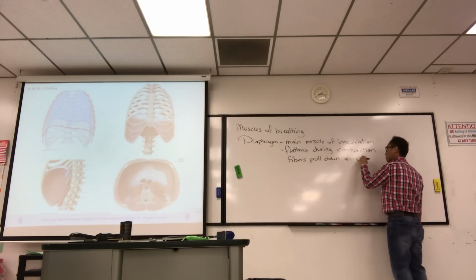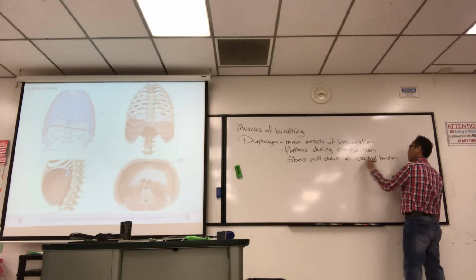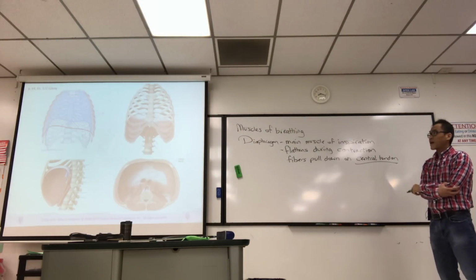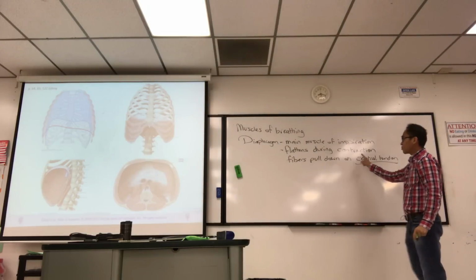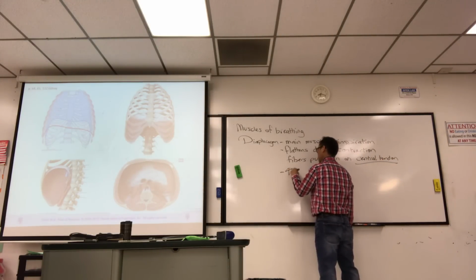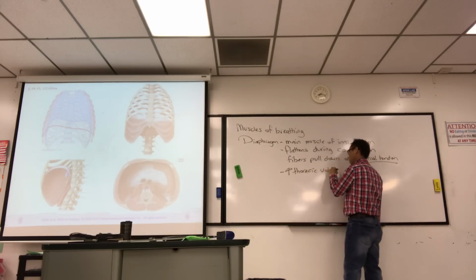Fibers pull down on central tendon. Because it flattens, if you look at the top left, you're actually creating more thoracic volume when it contracts. That's the main idea here. When you contract, you increase thoracic volume.